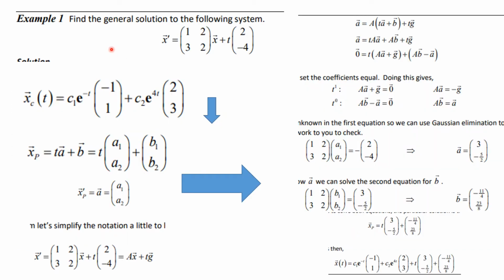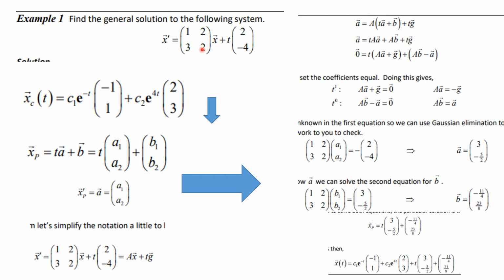Alright, so here is an example. You're to find the general solution to the following system: the vector x prime is equal to A times x, that's the homogeneous part, plus, and this is the non-homogeneous part, t times the vector (2, -4).